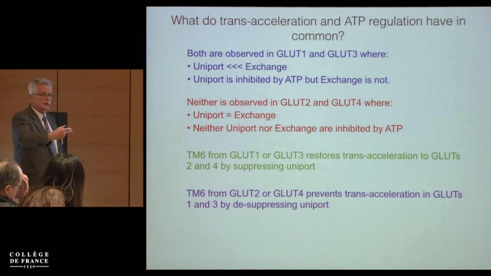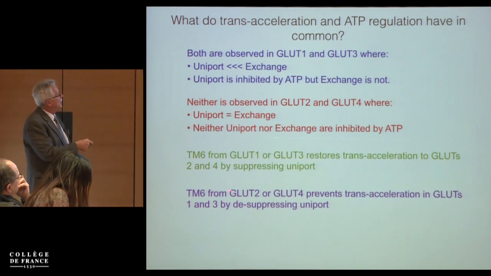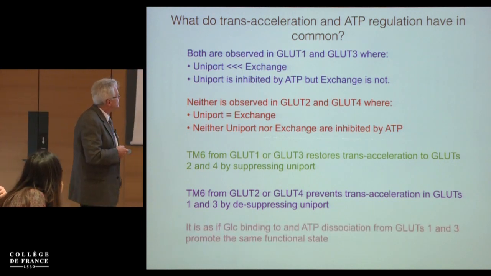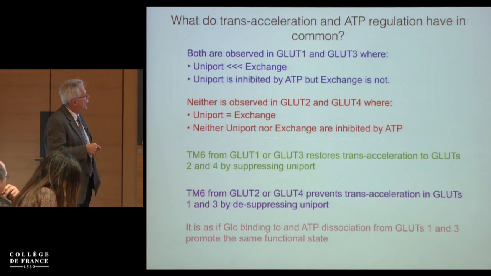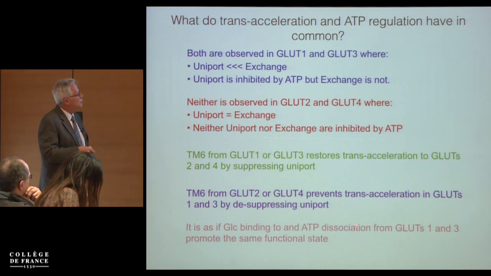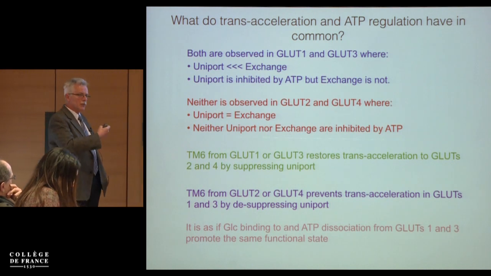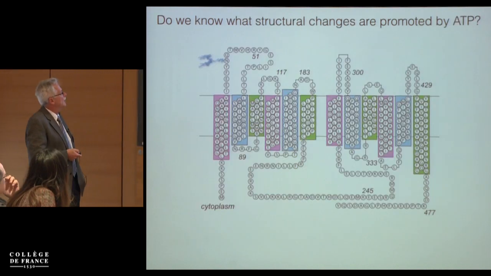They prevent transacceleration by desuppressing uniport. So does this mean that glucose binding to and ATP dissociation from GLUT1 and GLUT3 promote the same functional states?